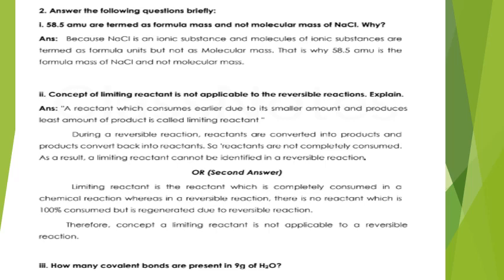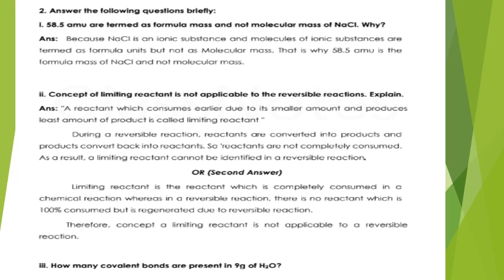You have to justify this by your answer, right? Ionic compounds are mentioned only by their formula units, and when formula units are given in grams, you call them formula masses. So this is not a molecule. As I told you, they are aggregates of ions, so you cannot call them molecules.